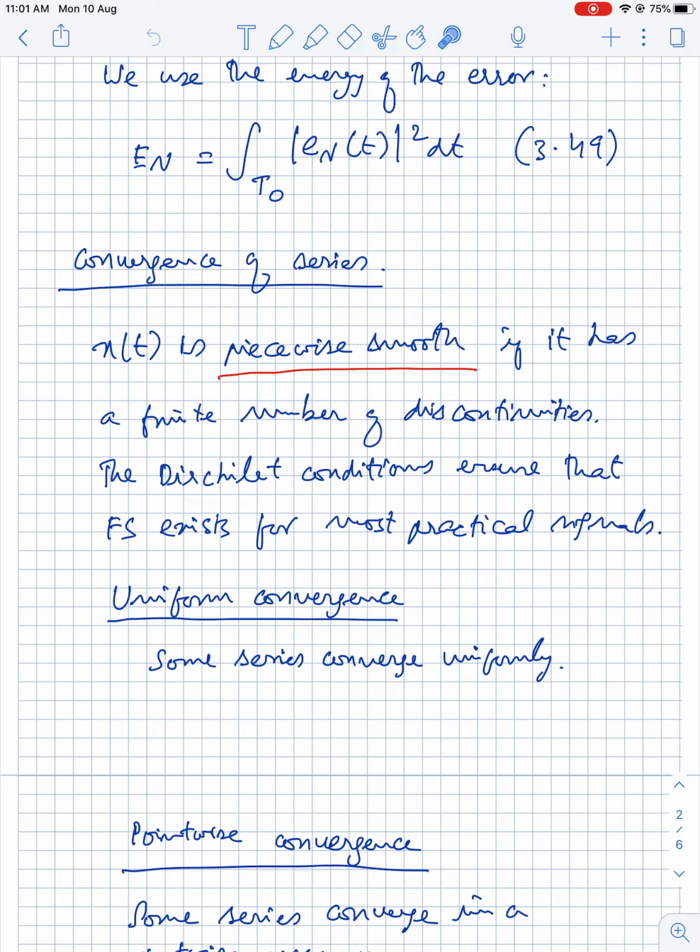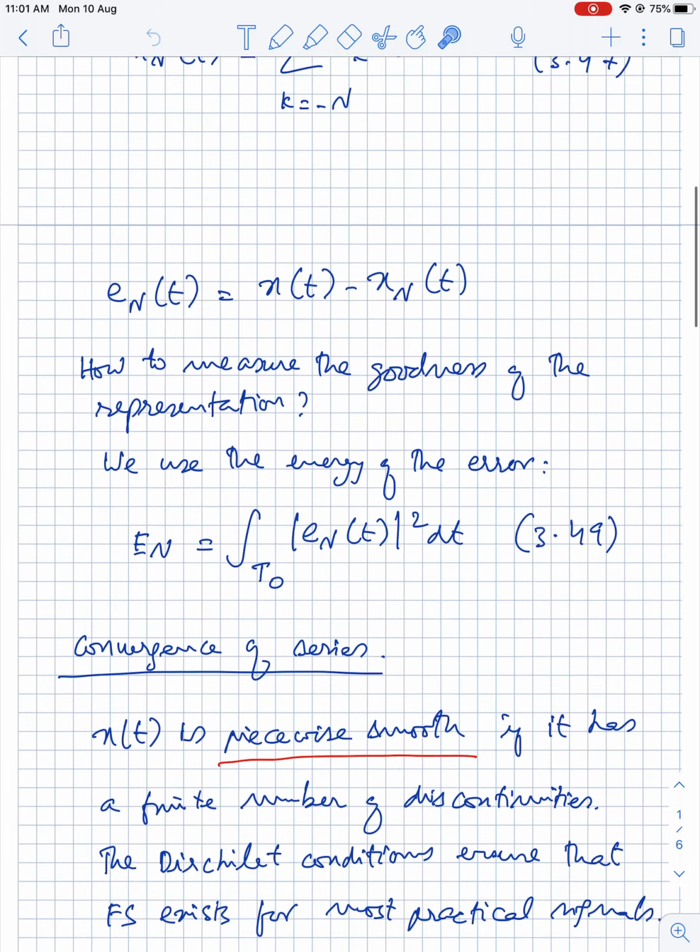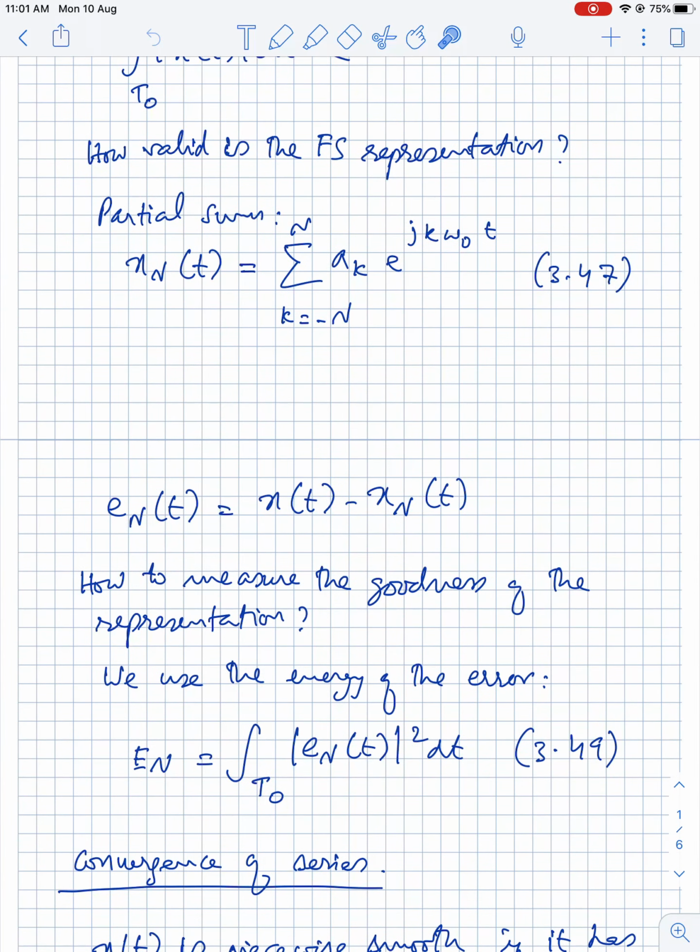One way an infinite series can converge is by what is known as uniform convergence. Let's come back to this partial sum. Suppose this is the partial sum, and let us assume that N becomes greater and greater, slowly going to infinity. Even if N is not taking the limiting value, for any partial value, some series will converge in a uniform manner.